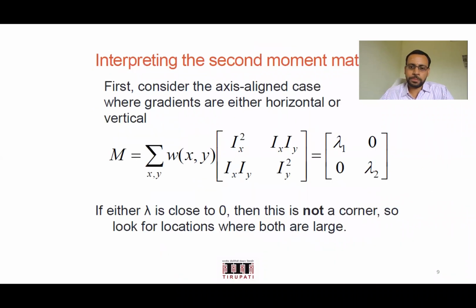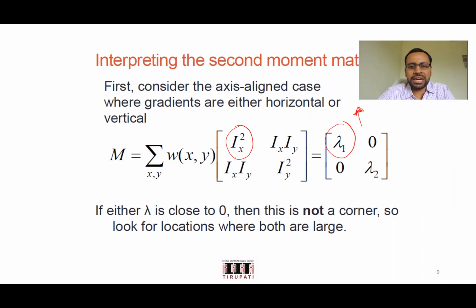Look at here. Suppose I have very high values for Ix overall, and Iy values are small. What would happen then? This would eventually result in this having a very high value.